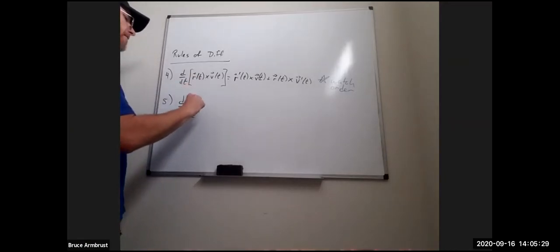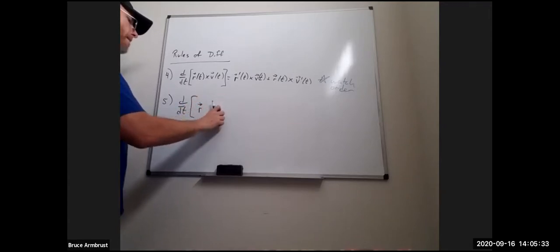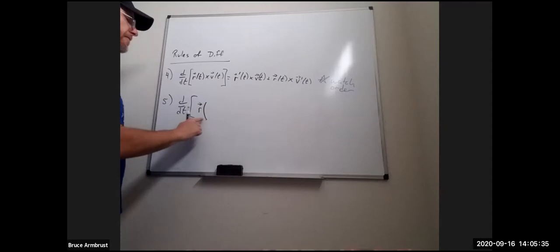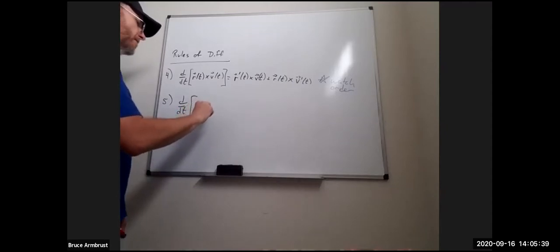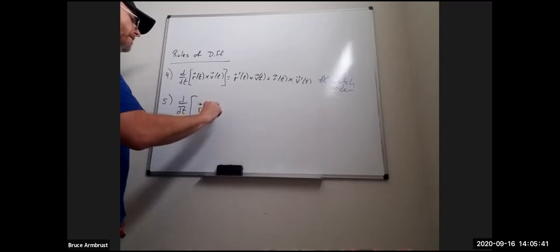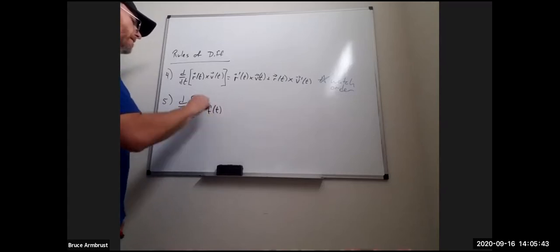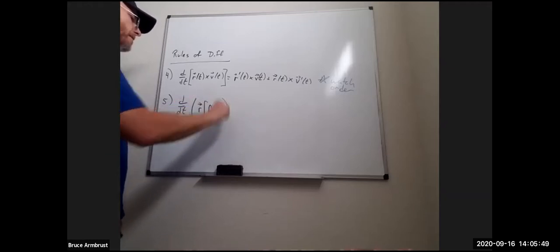So we're going to have our vector valued function, and we're going to plug another function into it. But this function is going to be a scalar function.